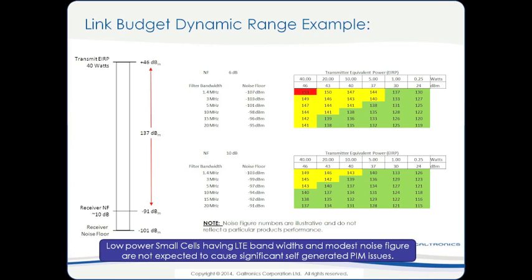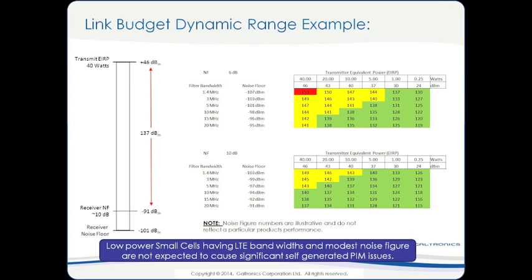But as you go down in the power levels, at the very beginning we said 40 watts represents macro, 10 and 20 watts probably represent DAS systems, and then 5 watts are outdoor small cells and 1 watt are indoor small cells. So for indoor small cells, the dynamic range of the system is considerably smaller, and we wouldn't expect self-generated PIM to be an issue if we use minus 150 dBc certified components.